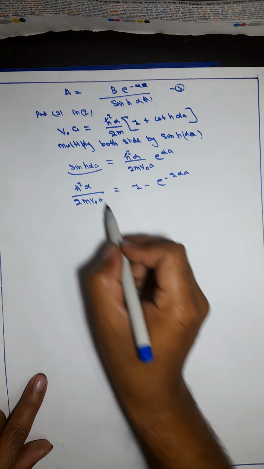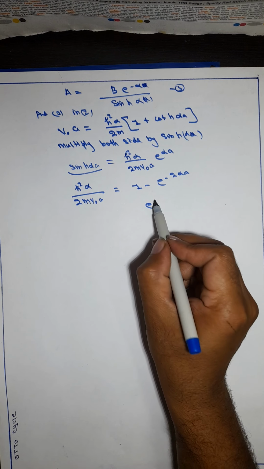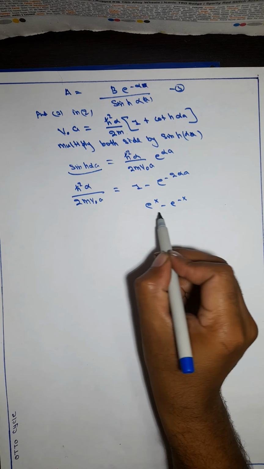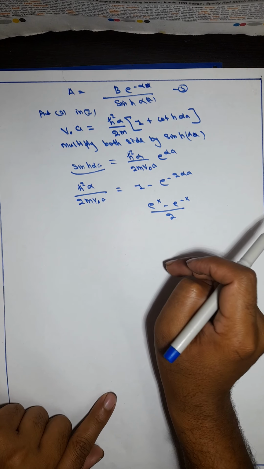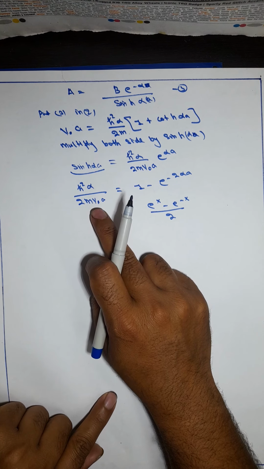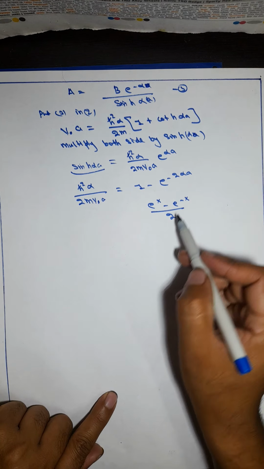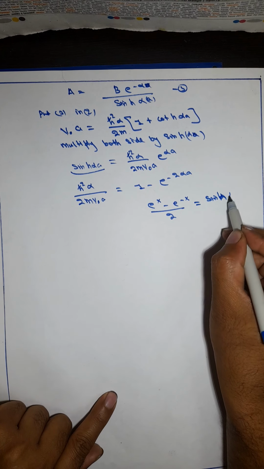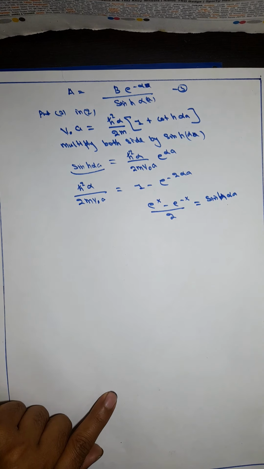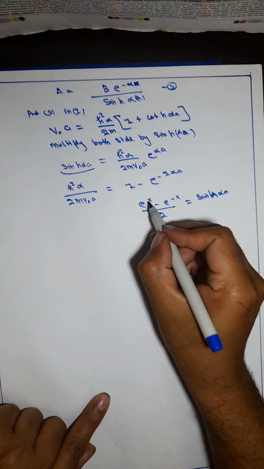This is equal to e raised to the power x minus e raised to the power minus x divided by 2. So this 2 comes. So you need to do this one. This is equal to sinh(alpha a), or alpha x. Sinh, so here is a only.